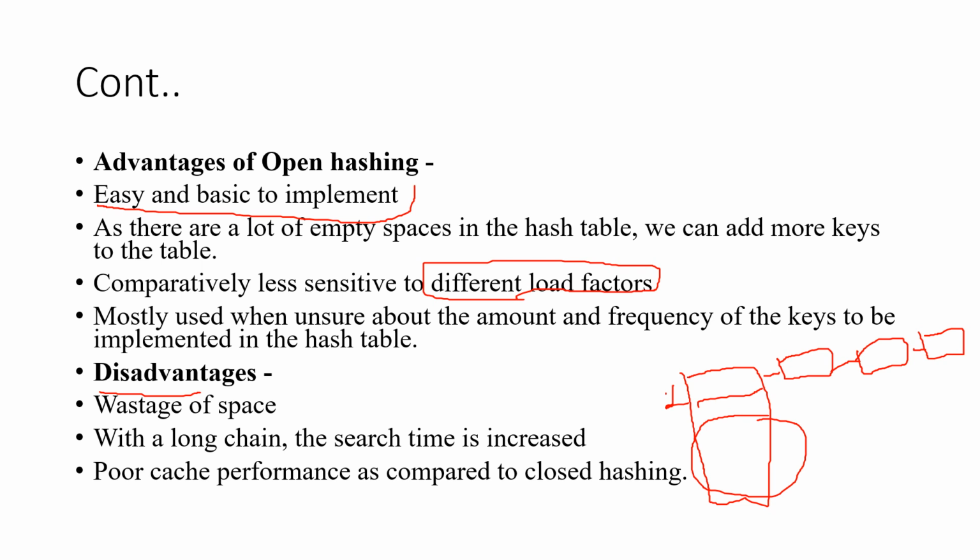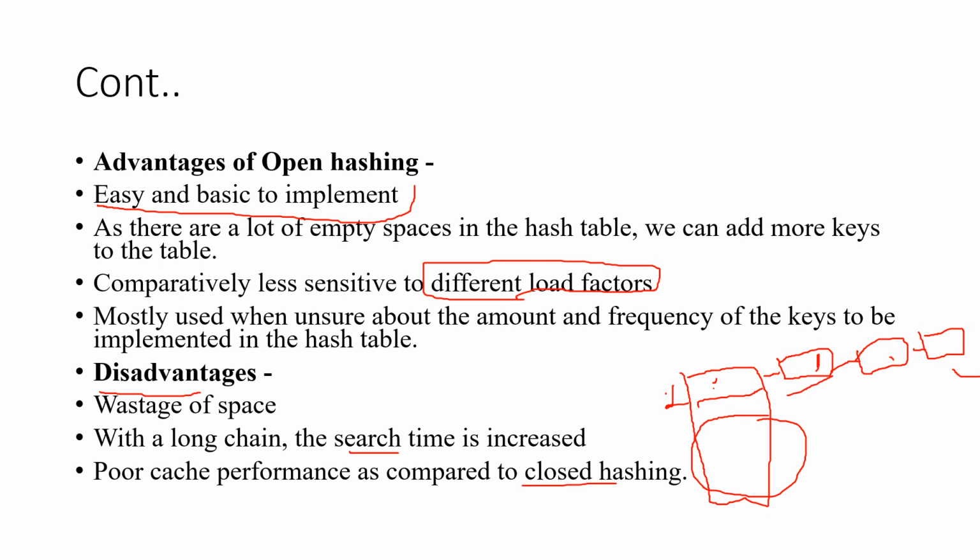First you search the 0th index, then the next. So this is linear searching, and the time complexity of this search is order of n, so the time complexity is high here. And there is poor cache performance as compared to closed hashing. Yes, because of that reason only.